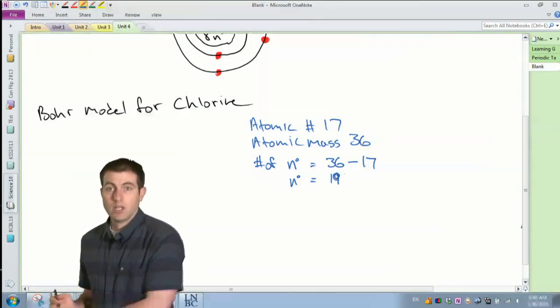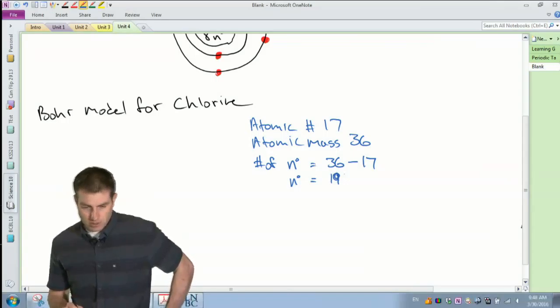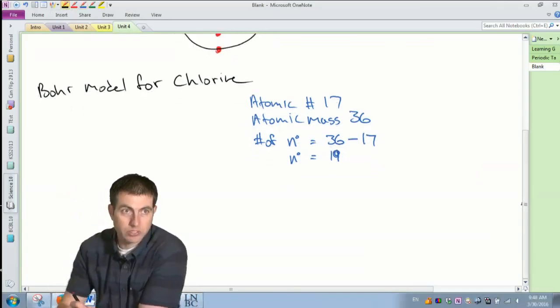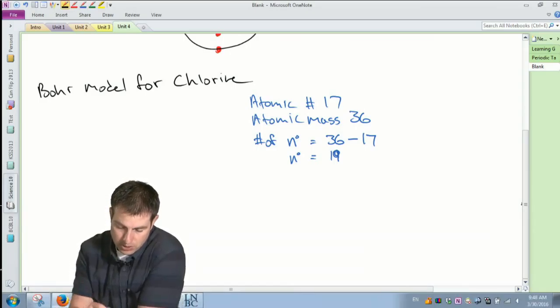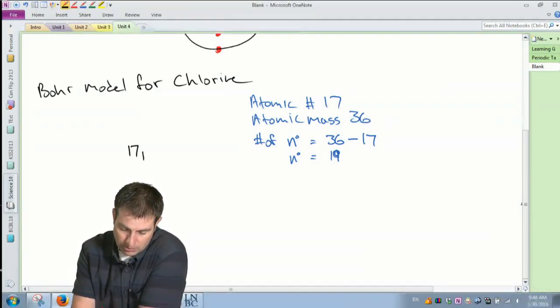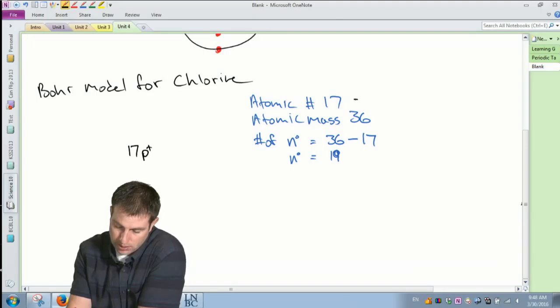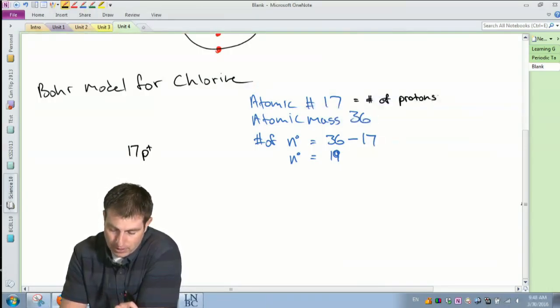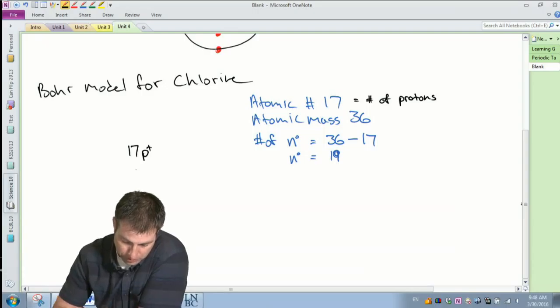All right. Good. A lot of mental math happening here. I like it. So when we draw our Bohr model, we're going to start with the nucleus. Now the atomic number is 17, so that means there's 17 protons. Remember, the atomic number and the number of protons is the same thing. All right, in the middle we also put the number of neutrons.